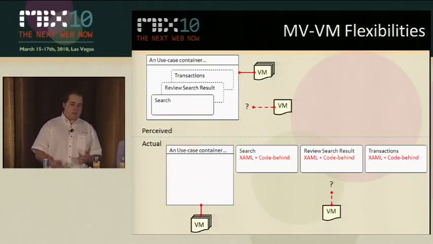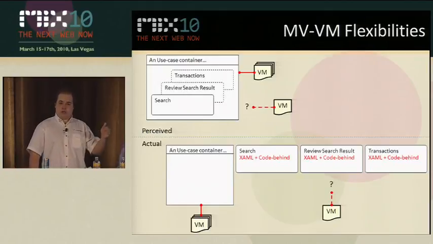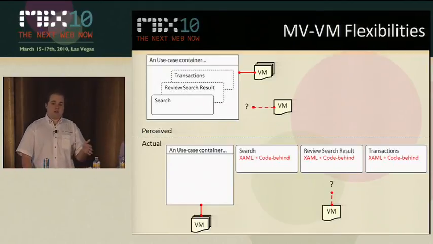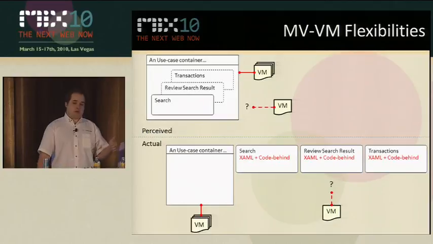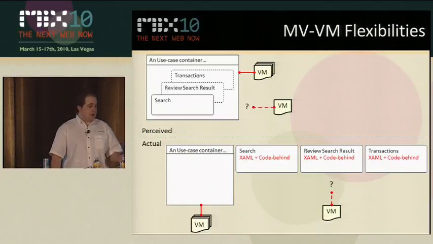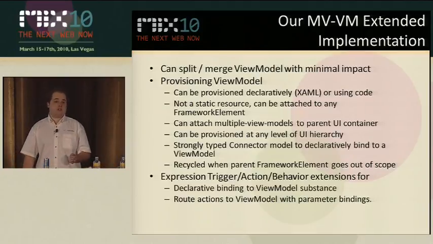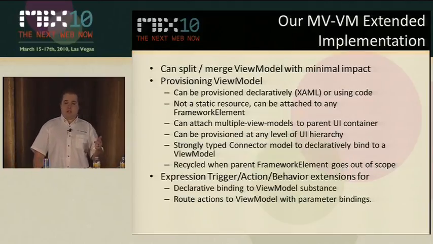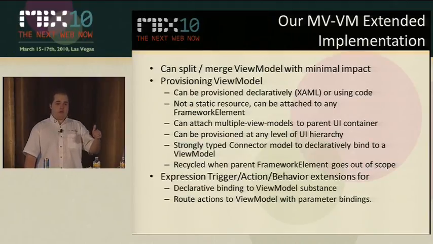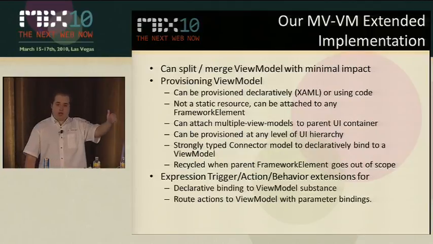With a little bit of plumbing, not too much plumbing, we're able to find the nearest view model of the type that I'm looking for somewhere in my visual hierarchy. So what does that allow us to do? That allows us to split and merge view models as we see fit, because your connector is typed. If I want my view model to live longer, I can move it up the hierarchy.